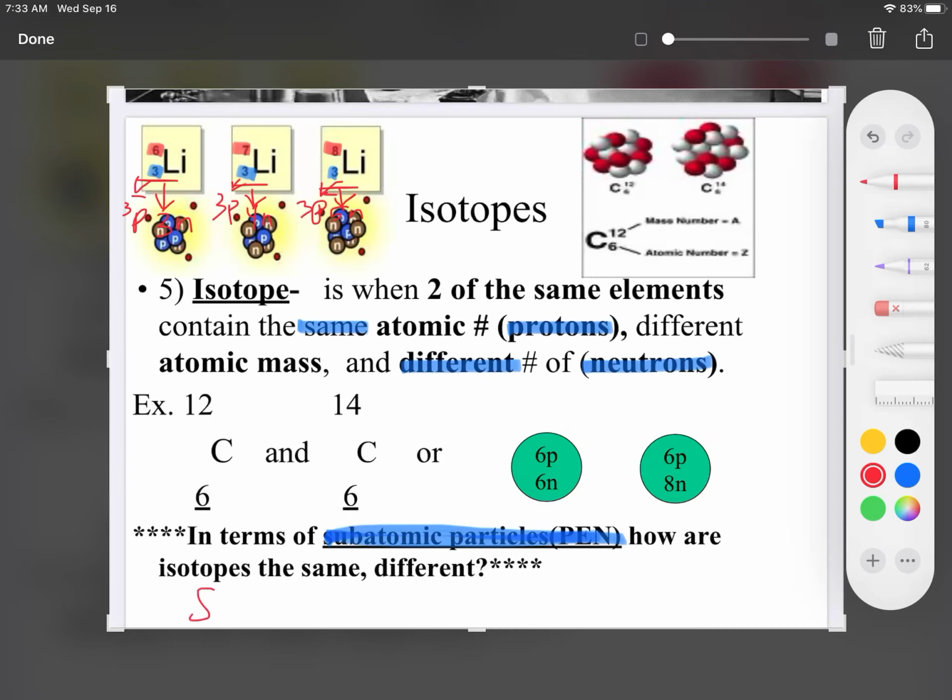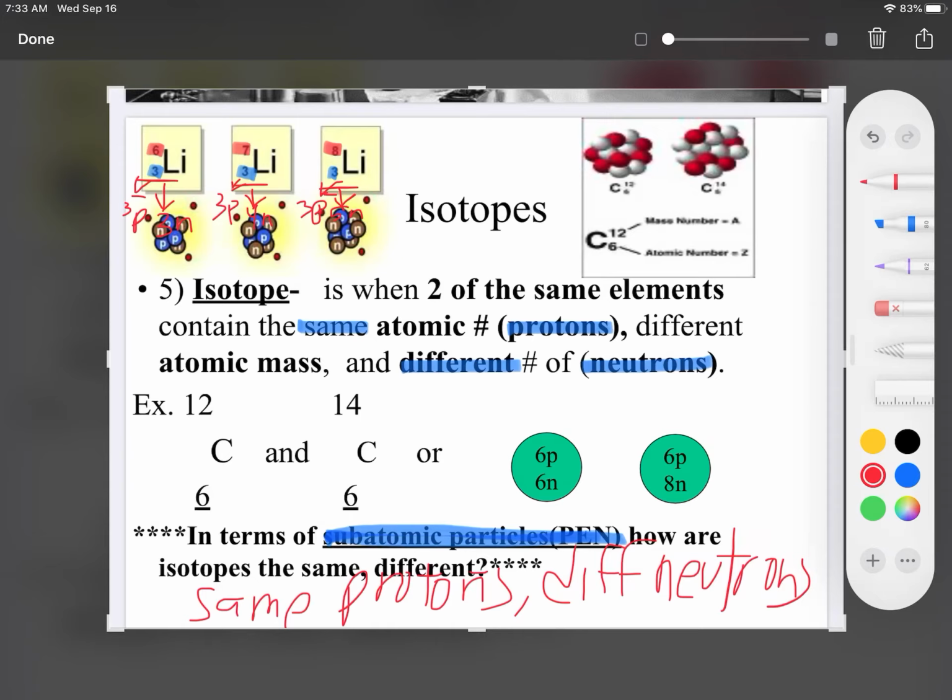We said isotopes have the same protons, different neutrons. Okay, let's move on.